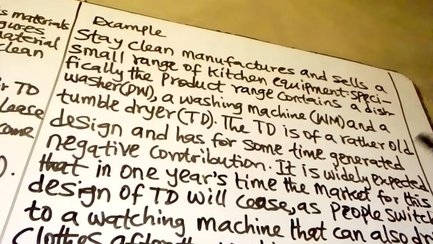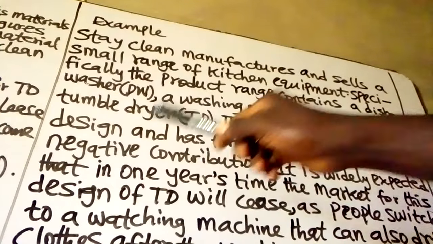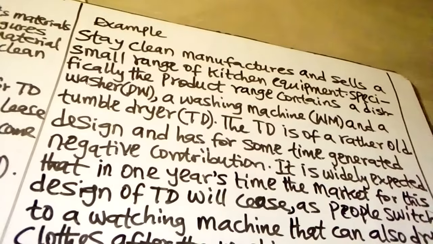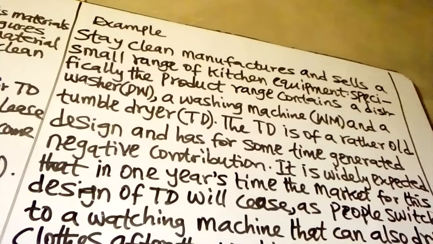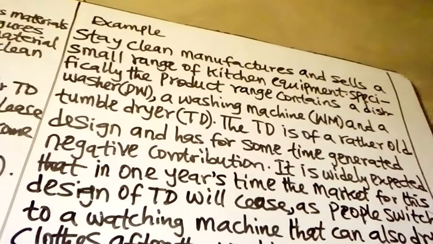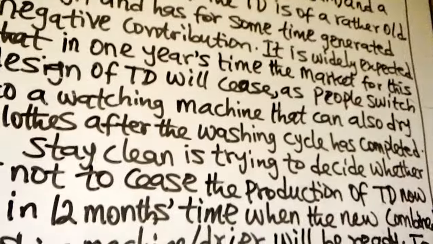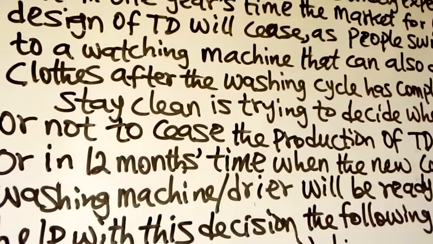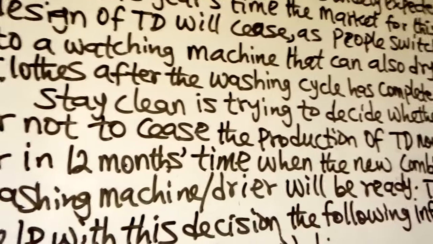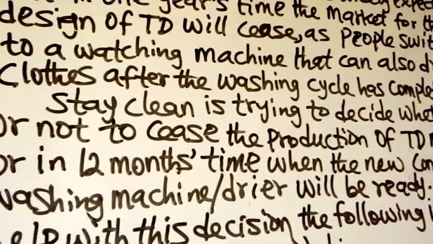It is widely expected that in 1 year's time the market for this design of TD will cease as people switch to a washing machine that can also dry clothes after the washing cycle has completed.